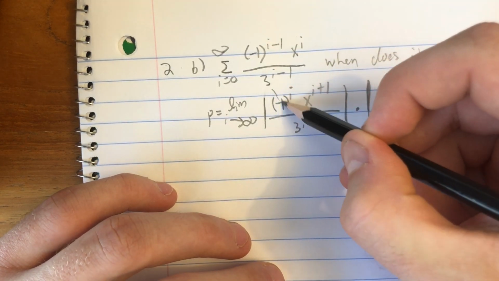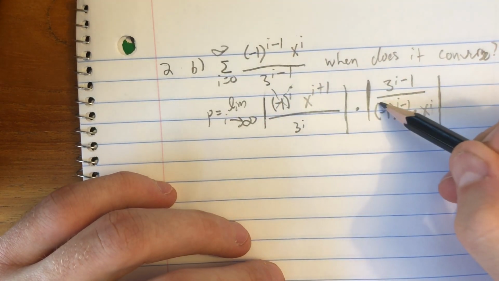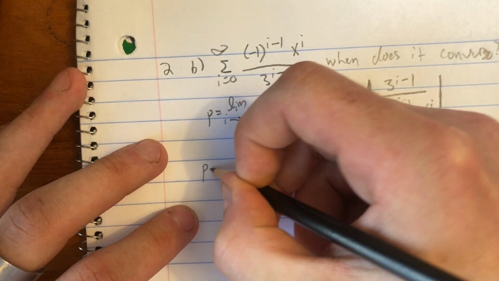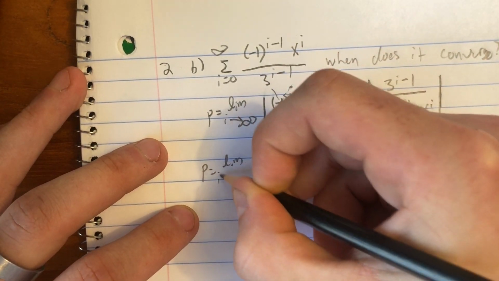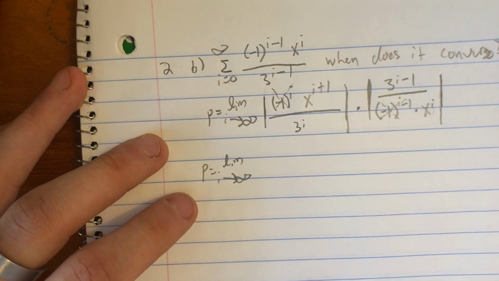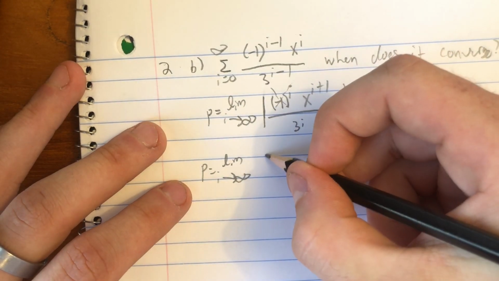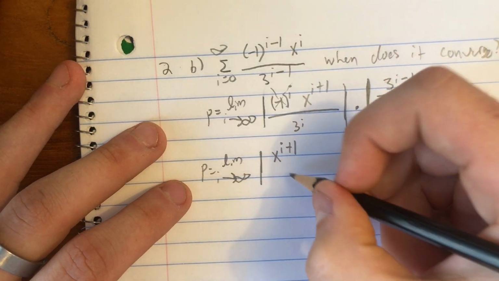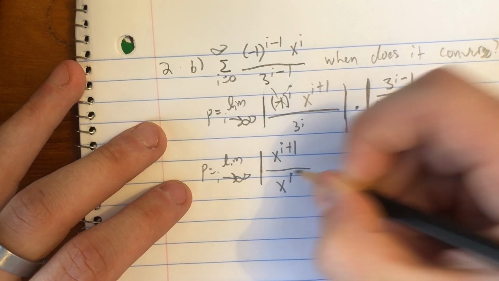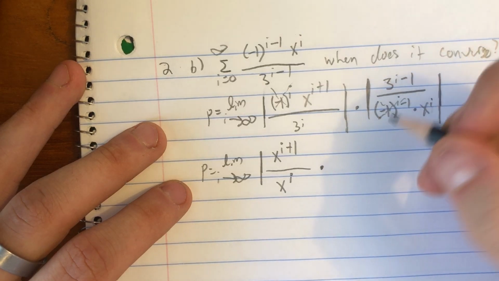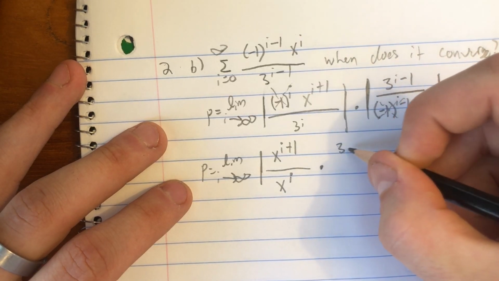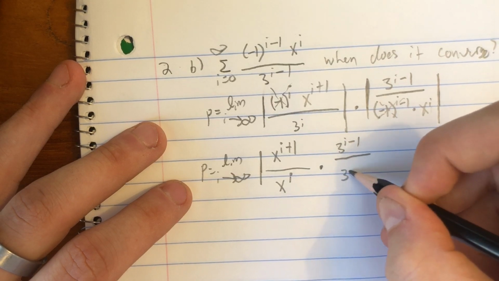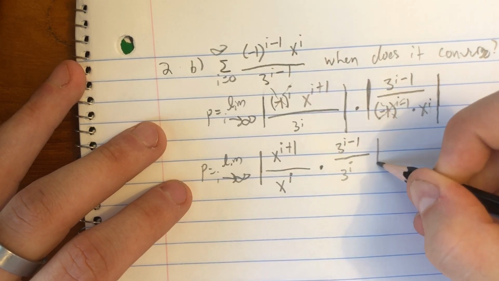And we can cancel out the negative terms due to the absolute value, and then we get p equals the limit as i goes to infinity, and we group the terms. So we do the absolute value of x^(i+1) over x^i, times the absolute value of 3^(i-1) over 3^i.